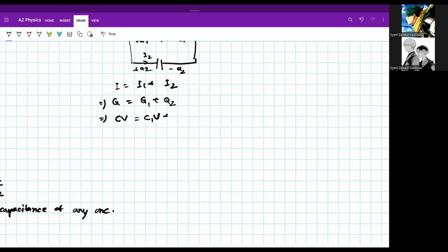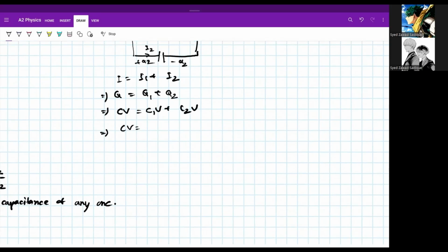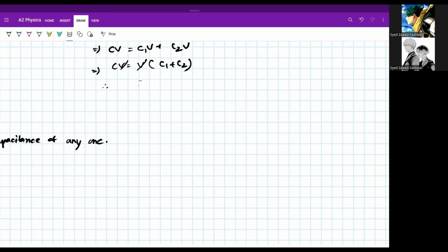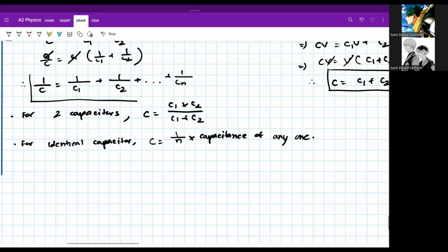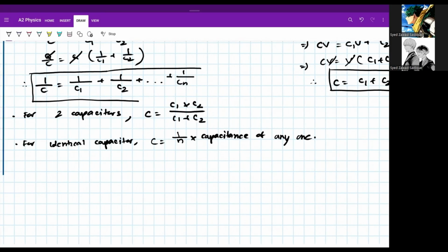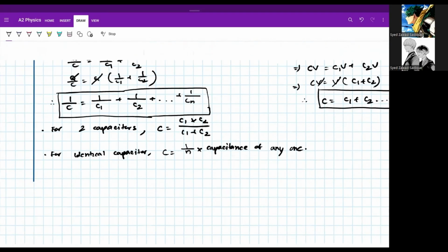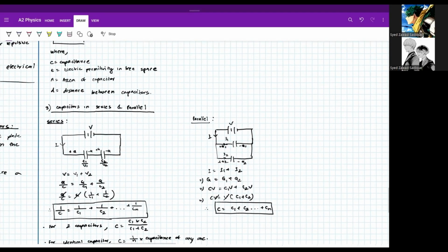So C1V plus C2V, taking voltage as common, (C1 plus C2) times V. Therefore, capacitance in parallel is C1 plus C2 plus up to Cn, right? Okay, so that is capacitors in series and parallel.